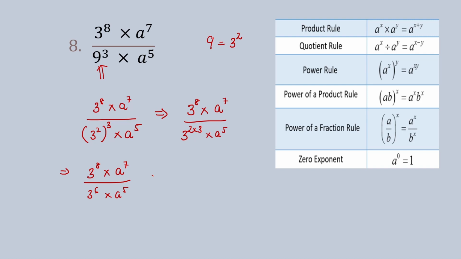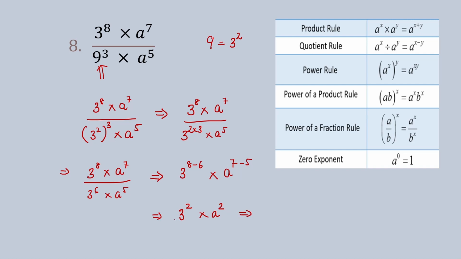Now if you check numerator and denominator, bases are same. We can subtract the exponents because there is a division operation. 8 minus 6, do it in same steps, 7 minus 5. So this will give you 3 raised to the power 2 and a raised to the power 2.